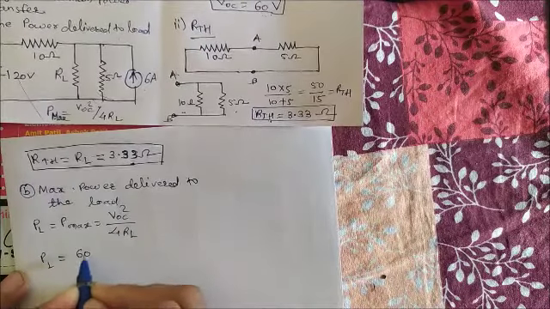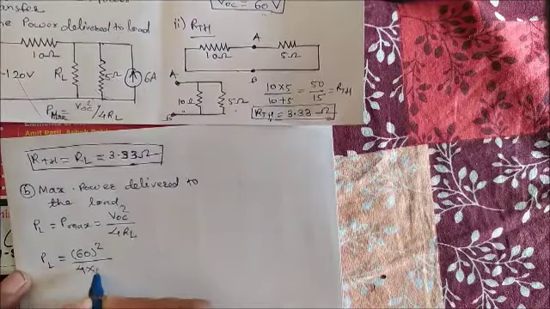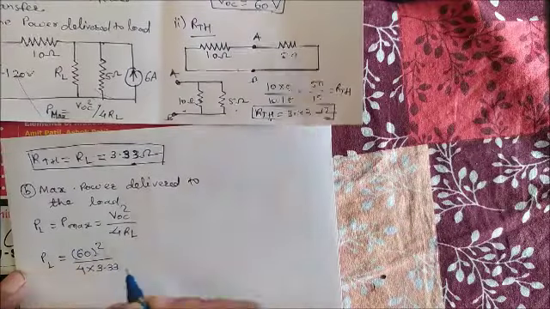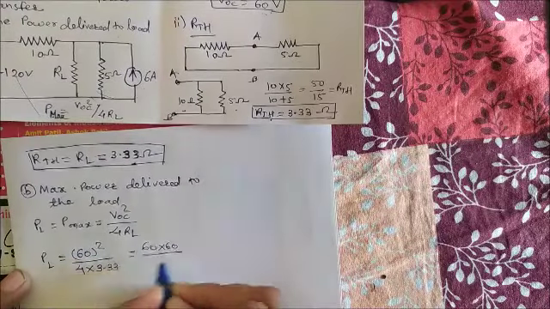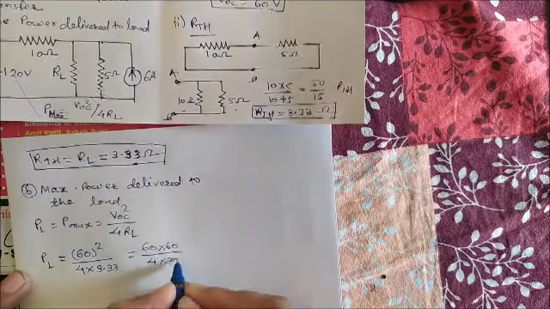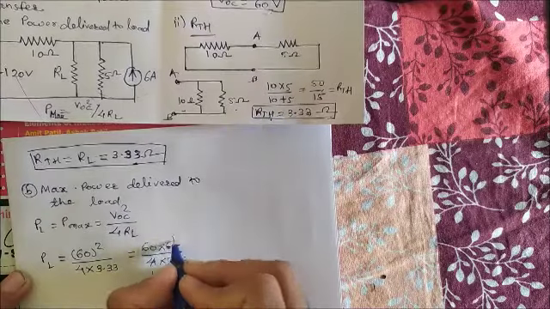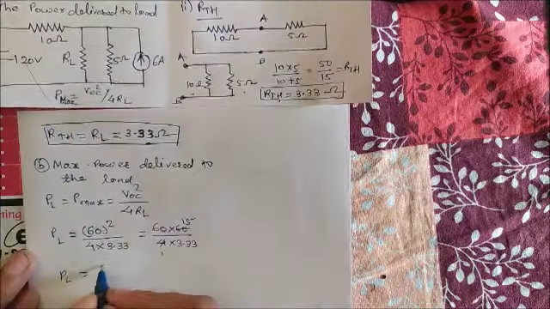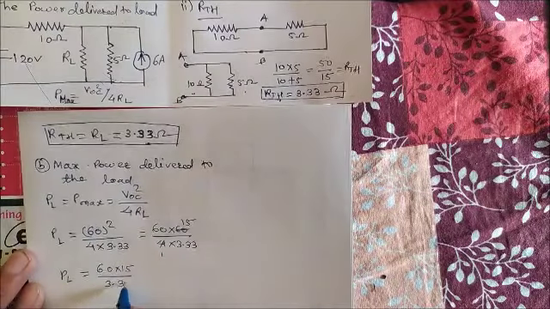VOC is 60 square divided by 4 into 3.33. So solve this, 60 into 60 divided by 4 into 3.33. So 4 ones are 4 and 4 15s are 60. So PL is equal to 60 into 15 divided by 3.33.